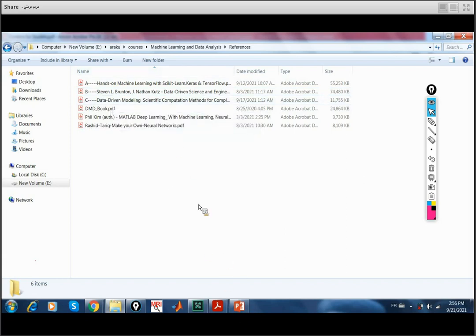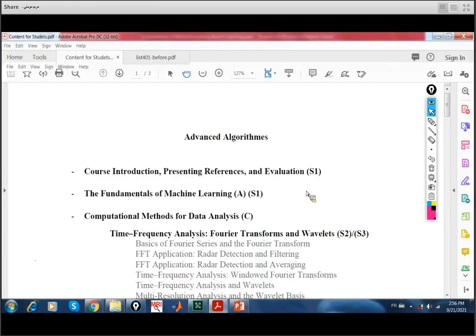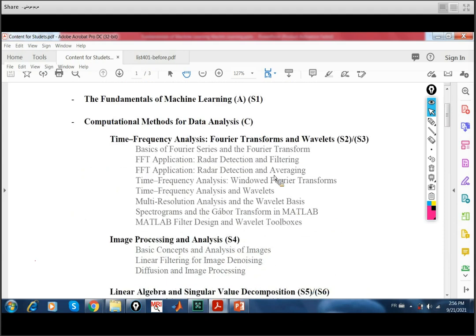Don't worry about it. And another thing in parentheses is for myself. S1 is session 1, S2 is session 2, and maybe I will erase it. This is for myself.